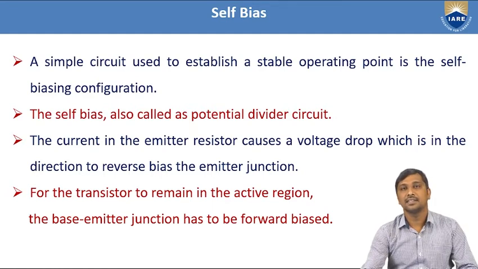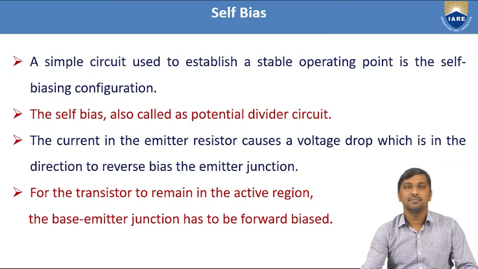If the collector current changes, then the Q point or operating point also shifts towards the saturation region or the cutoff region. And whenever the Q point is nearer to saturation or cutoff, it loses some portion of the given input signal.